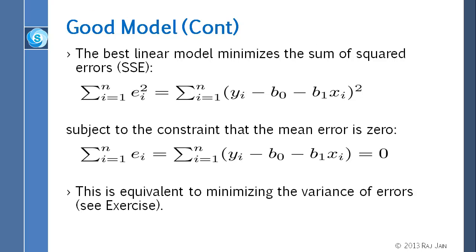Now minimizing this, you know how to minimize anything, right? For minimizing, all you do is differentiate by whatever you want to minimize with and set it to 0. So if you differentiate this with b0 and set that to 0, and differentiate with b1 and set that to 0, you get those equations to get b0 and b1.